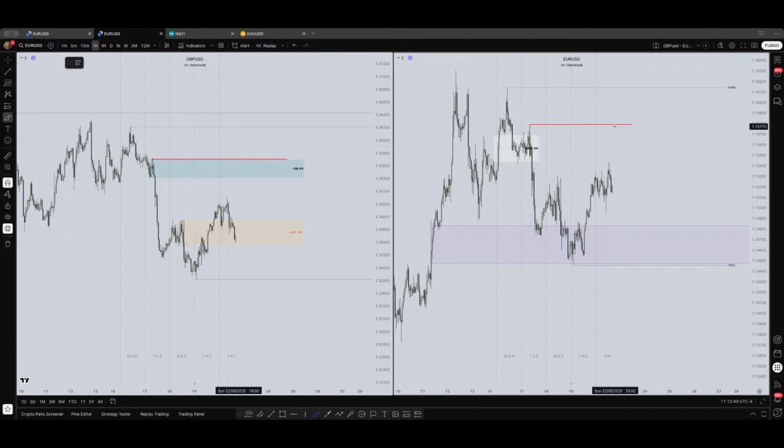Imagine Euro USD will make a high, equal highs. Imagine this line, price will stop very close here, and maybe here price goes a bit higher. So that will be a divergence, because we'll see.